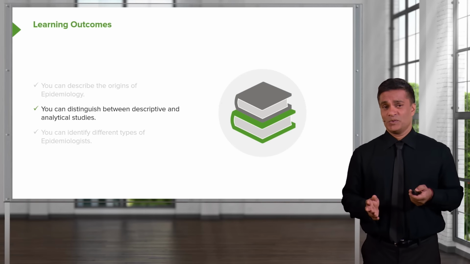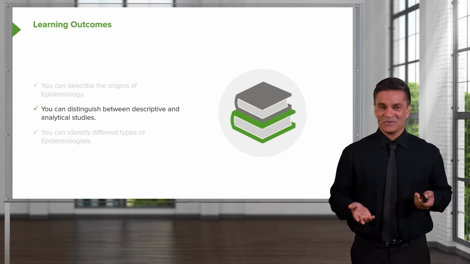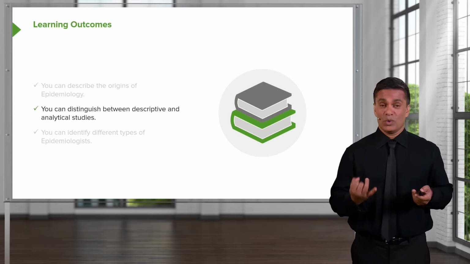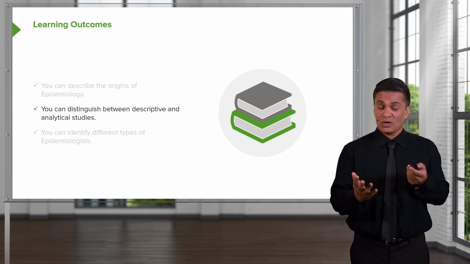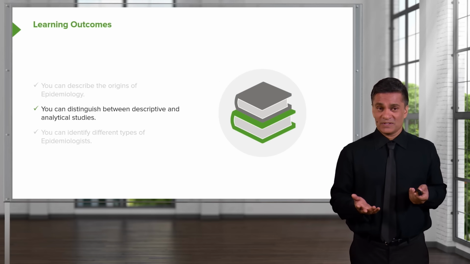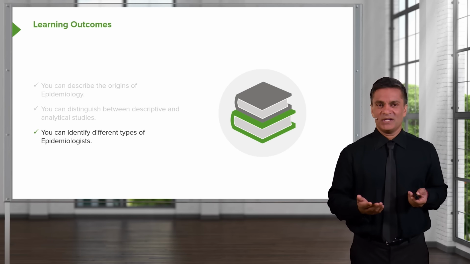Now you can distinguish between descriptive and analytical studies. Descriptive epidemiology, remember, is when we're describing a scenario. We care about the who, the what, the where, and the when. Analytical studies is when we are drawing relationships between two variables. And now you can identify the different types of epidemiologists, the clinical epidemiologists, the population epidemiologists, and the public health epidemiologists.